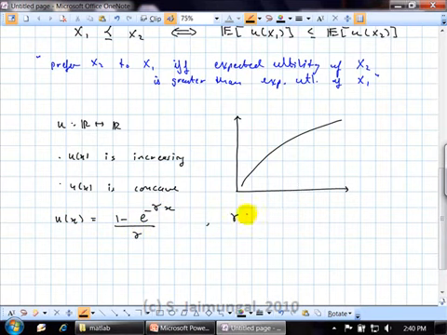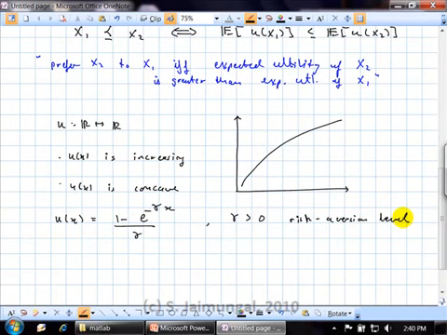So this is, gamma is some strictly positive constant. It represents the risk aversion level, or the level of risk aversion of that agent.